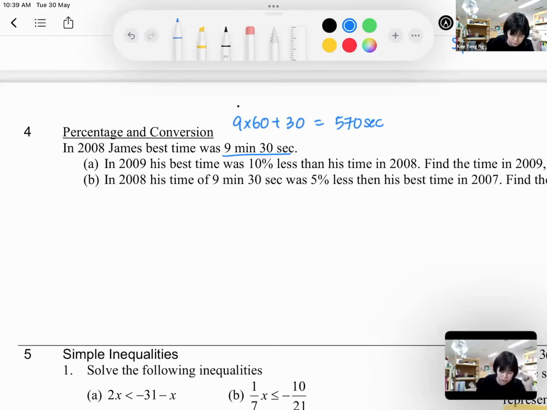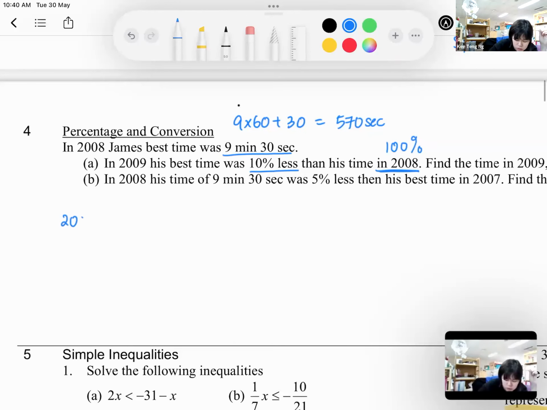No worries. Okay, so in 2009, his best time was 10% less than that in 2008. Read the sentence carefully. 10% less than that in 2008. So this means 2008 is the one with the 100%.